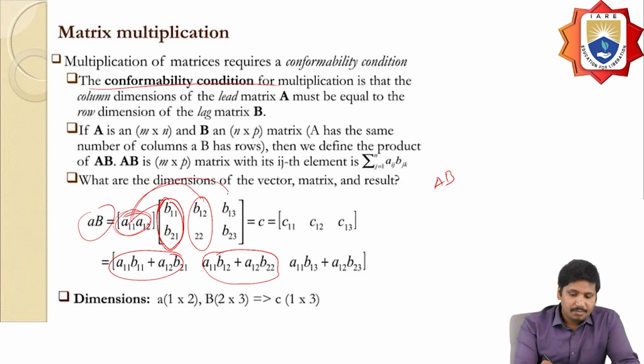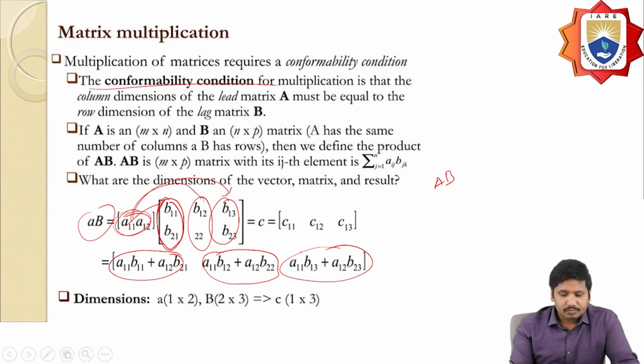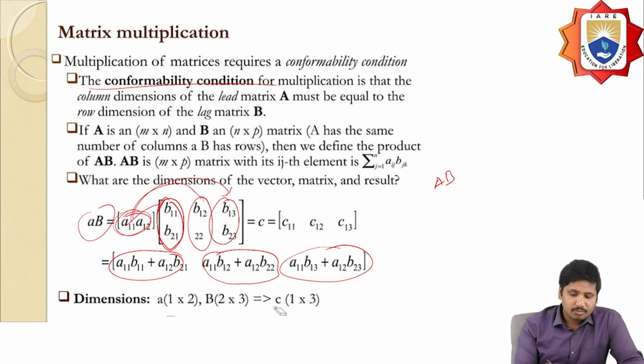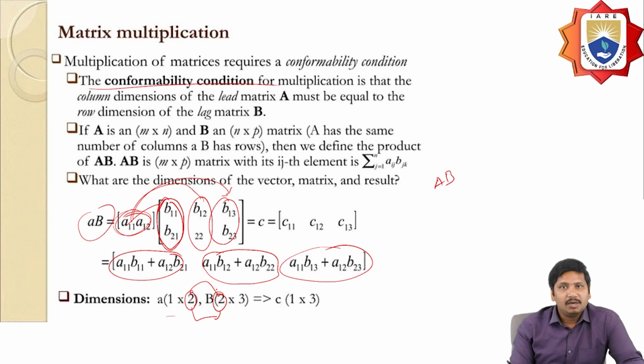And the same thing is applied for the next one: A11 B13 plus A12 B23. These are the dimensions of the matrix. So for matrix multiplication to be possible, the number of columns of the first matrix must match the number of rows of the second matrix. If these two are the same, then only the multiplication is possible.